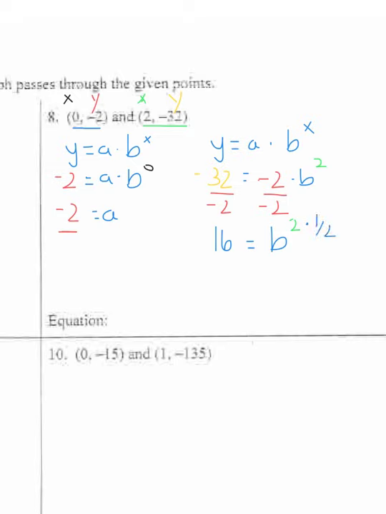So multiply by 1 over 2 to both sides, which is the same thing as taking the square root. But let's say that it was 16 equals b to the 4th. Well, you can't just take the square root, you have to multiply by the reciprocal of 4, 1/4, to the exponent of both sides. So that's why I like to get in the habit of multiplying by the reciprocal. So 16 to the 1/2 is 4.